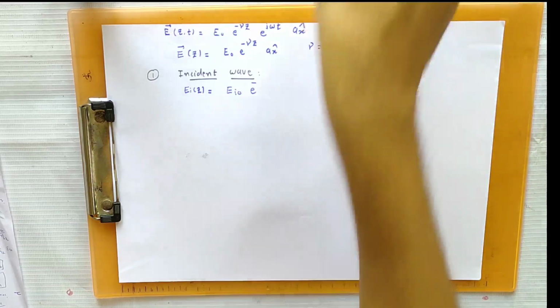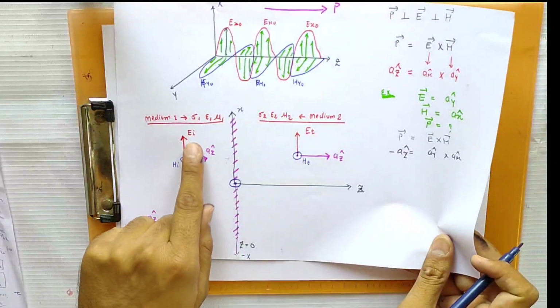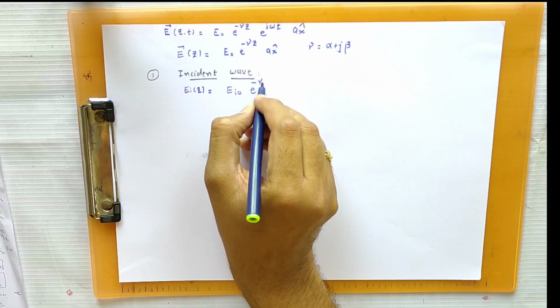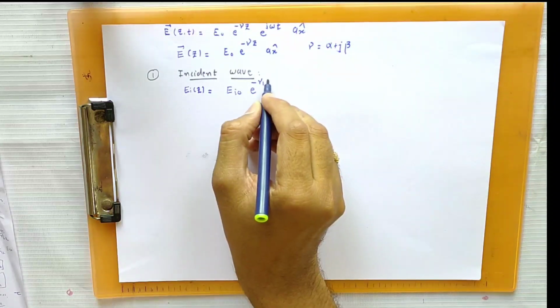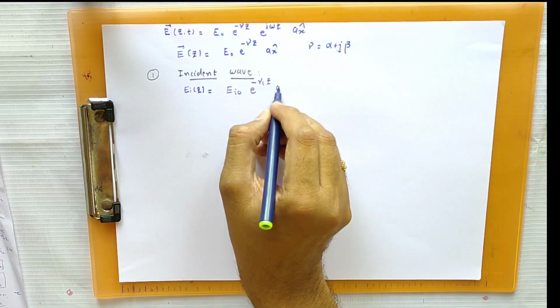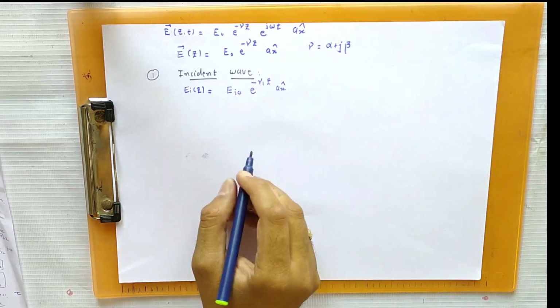If the wave is incident, it is present in the first medium, medium 1, so it is gamma 1, the propagation constant for the first medium. And the direction of E is the x direction.